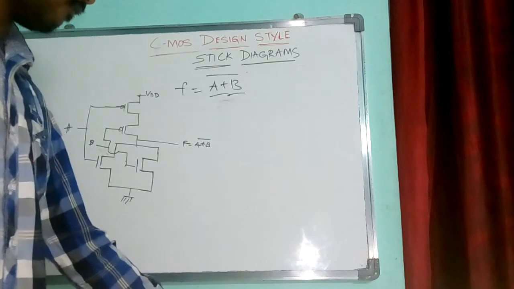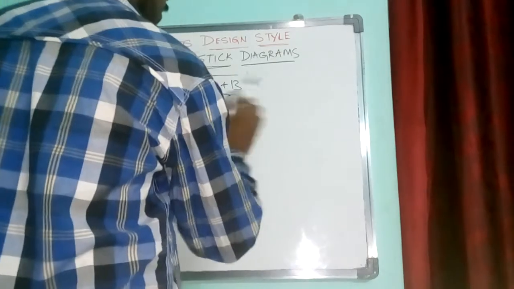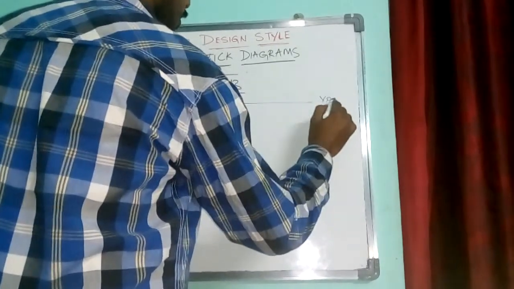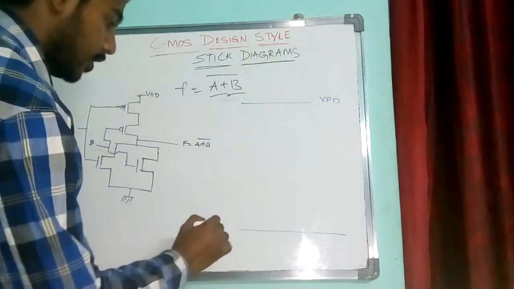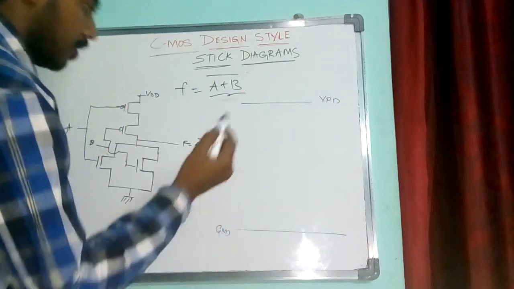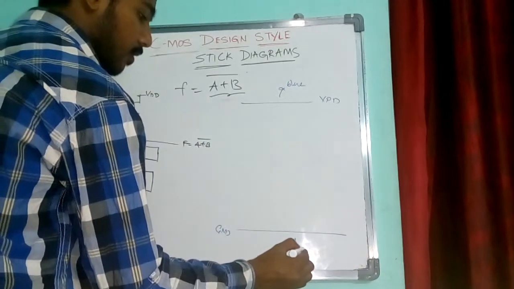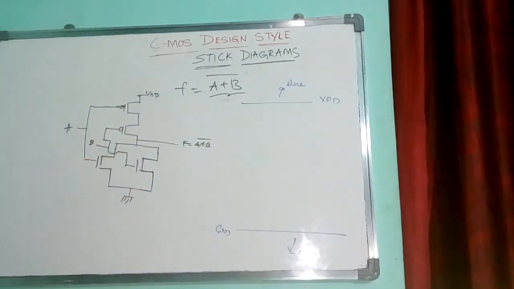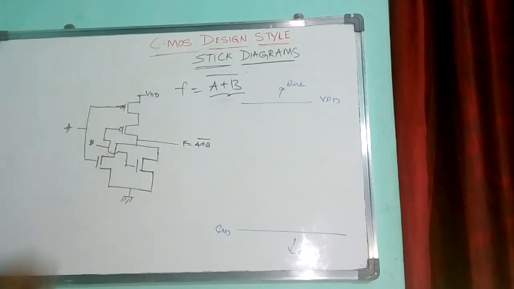How the stick diagram will be for the NOR gate is: I have VDD, same as NMOS. For everything I have VDD and ground. These two are represented using blue color. After that, first I have two transistors in series, right?